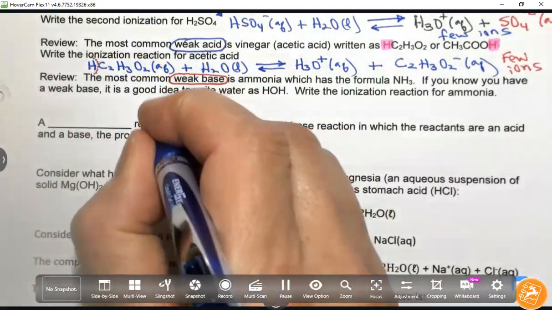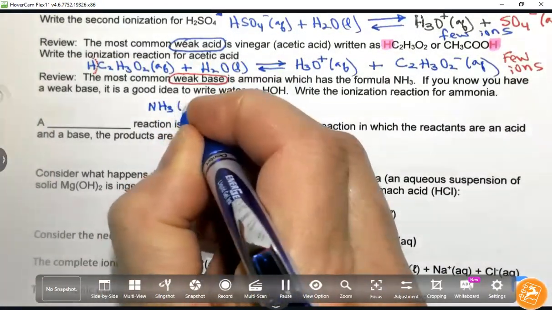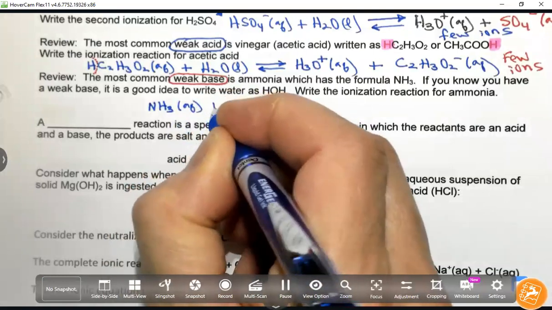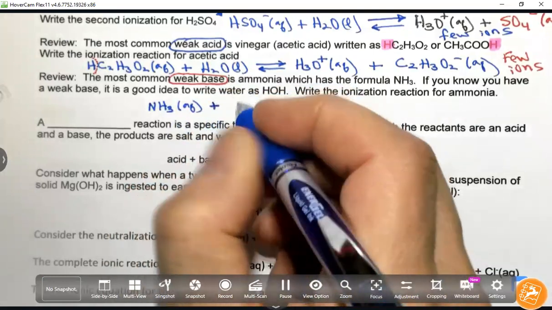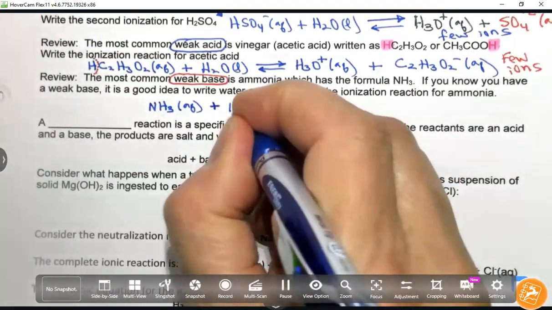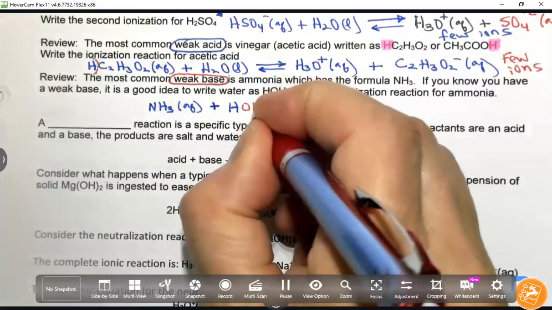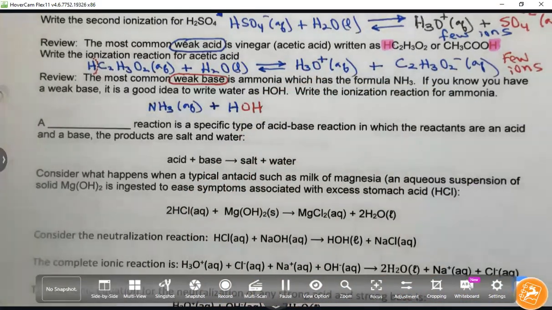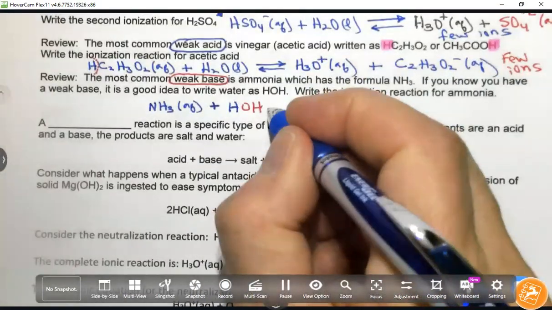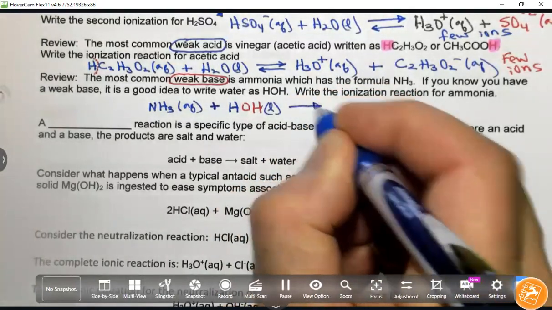So we would have NH3 plus HOH for water. If you know you're going to get a base, it's good to write water as HOH.